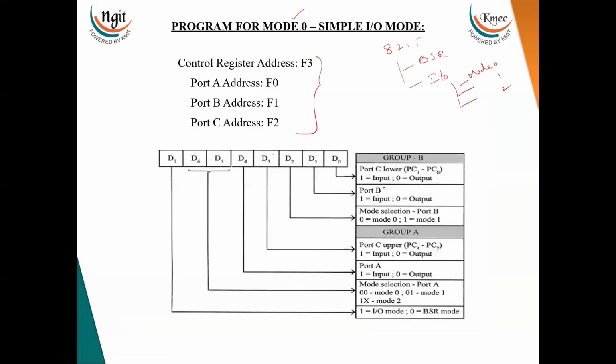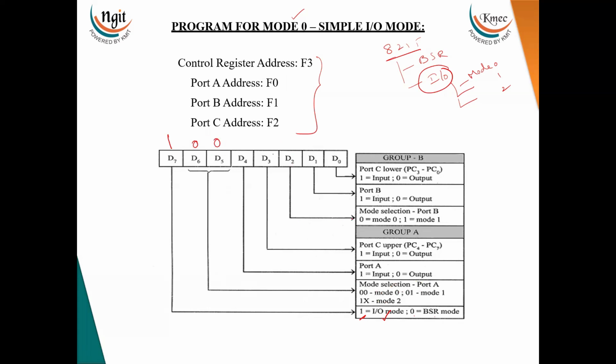Before that, you should know how to write the command word. Simple IO mode means we are using this 8255 in IO mode. For that, the last bit, the MSB, should be 1. If we put 1, we are operating in IO mode. If this bit is equal to 0, we are operating in bit set reset mode. Mode 0 means port A or group A bits are 0, 0.